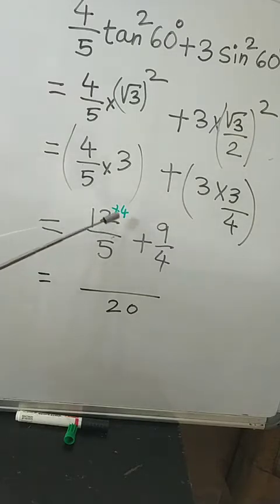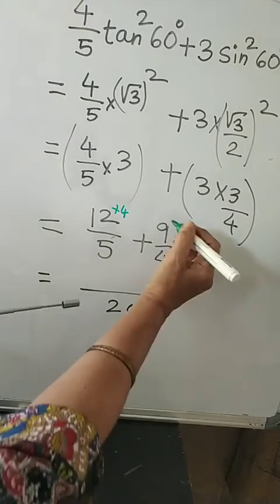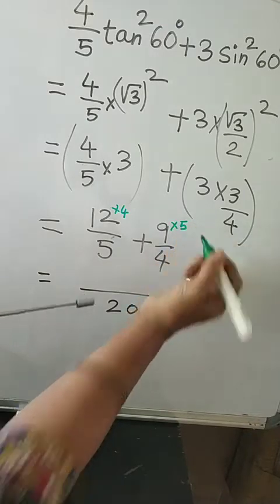But if you write, it's fine. So 5 4s are 20. So I multiply this numerator which is above 5 with 4. And 4 5s are 20, observe. So this numerator which is above 4 will be multiplied by 5.